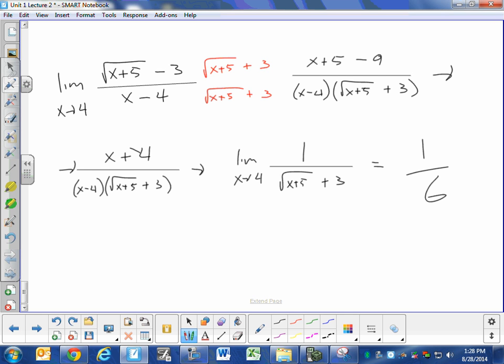So what did you plug in for x? 4. Okay. So you get 1 over the square root of 9 plus 3. What's the square root of 9? 3. What's 3 plus 3? Good. Perfect.